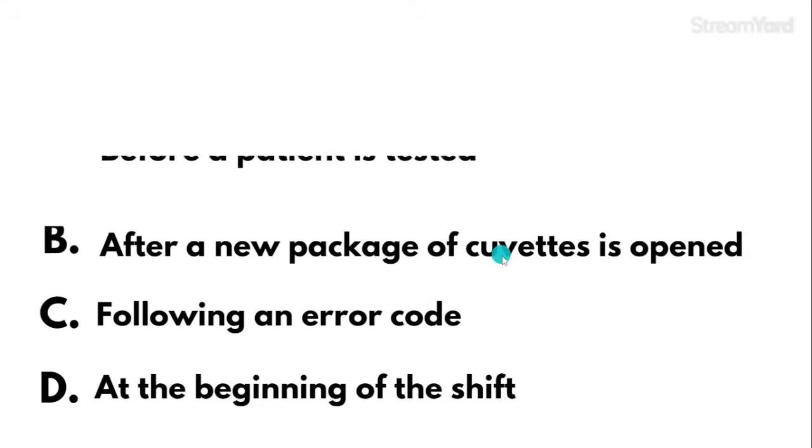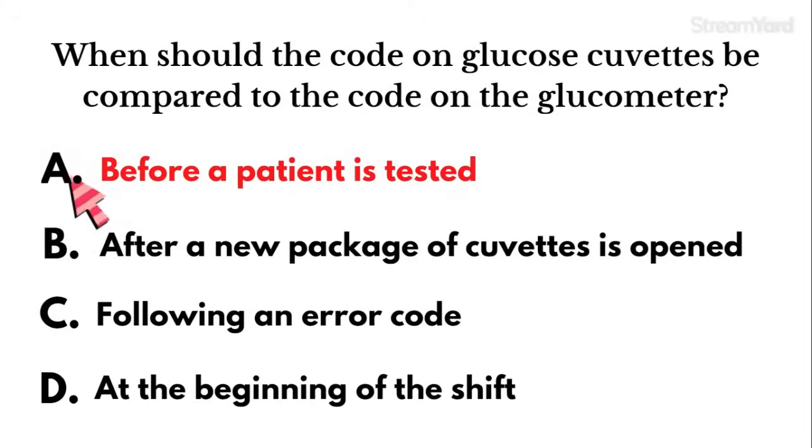All right, let's see. Maria, you are correct. The answer is A, before patient is tested. So let's talk about this for a minute. The glucose cuvette is what you actually place the patient's blood on when you're testing a patient's blood sugar, right? The code should be compared even though you may have checked that code earlier that day, maybe when you were doing your quality control.